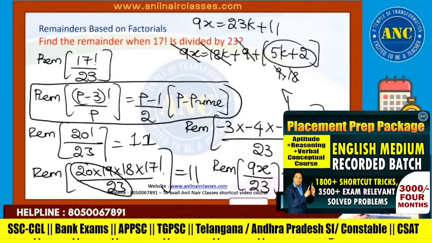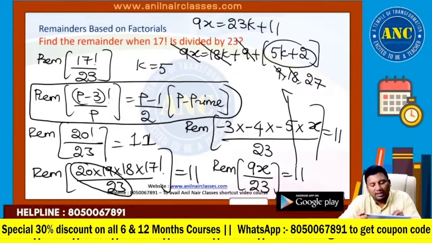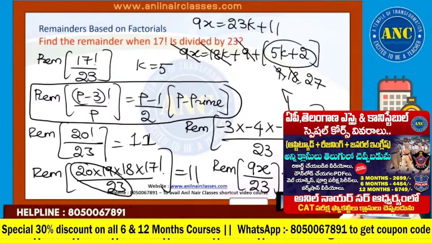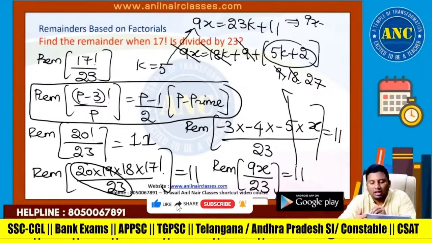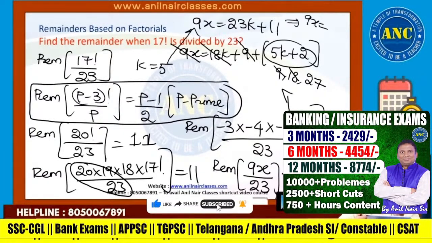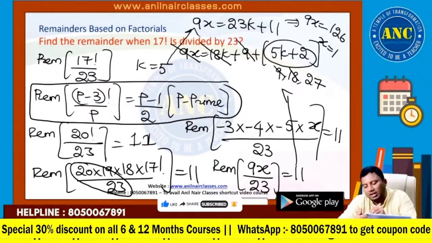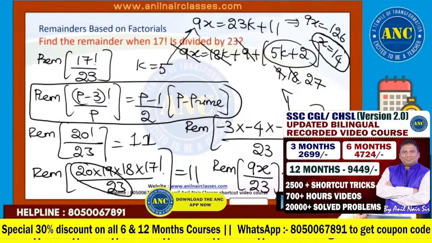It cannot be 18. It has to be 27. So k value is 5. Substitute there: 9x is 23 times 5, which is 115, plus 11, 126. So x value is nothing but 14.